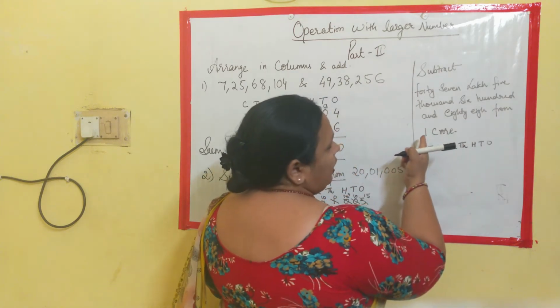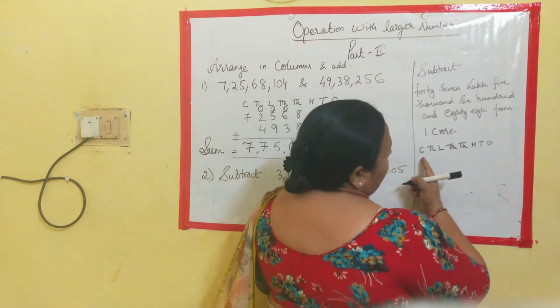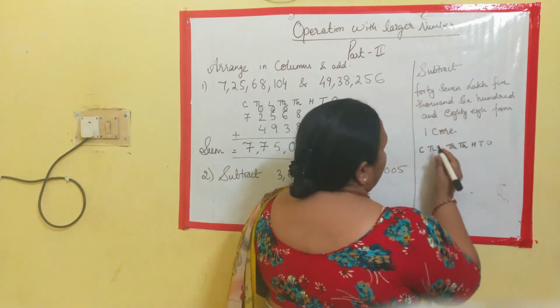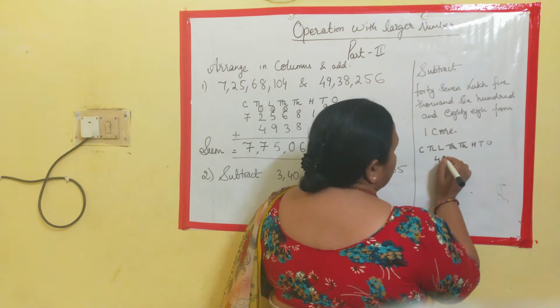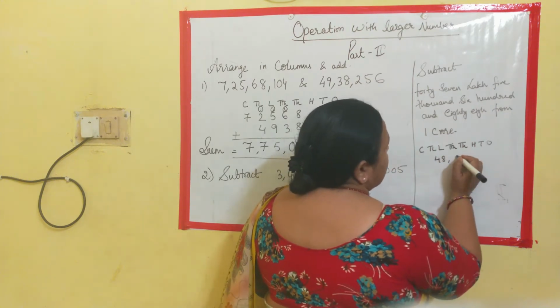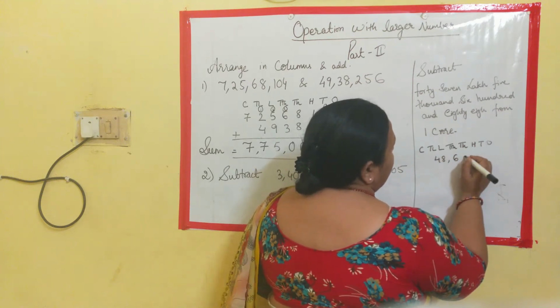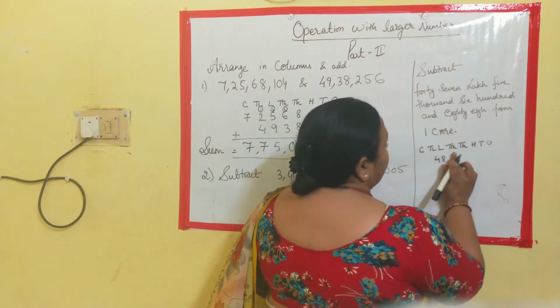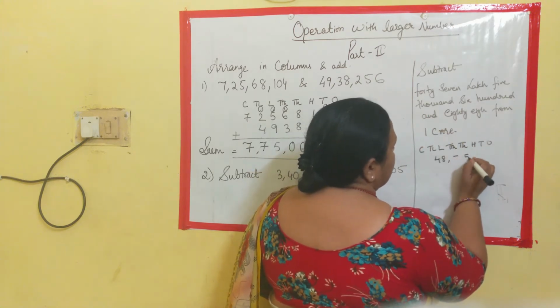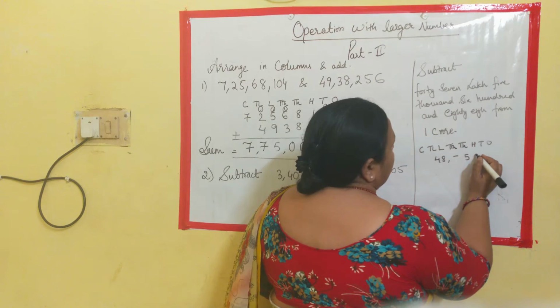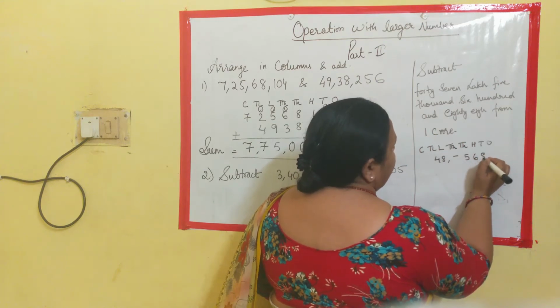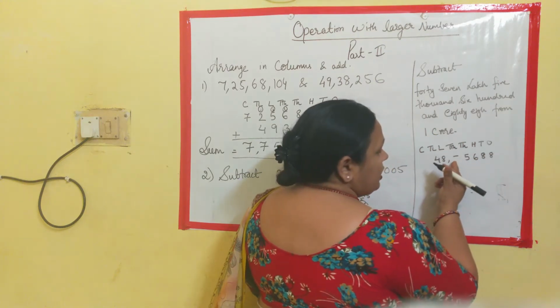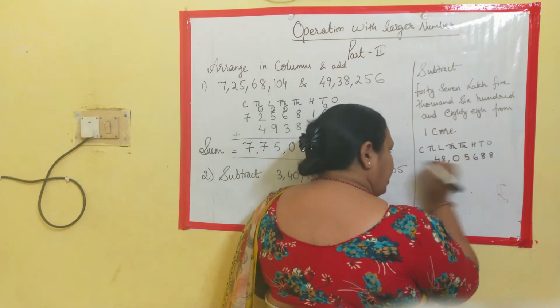Write the greater number below, placing the values. Now writing it as 48 lakhs 5,688, nothing is there in the thousands place, so we mention it as 0.